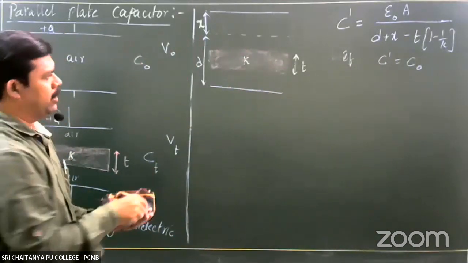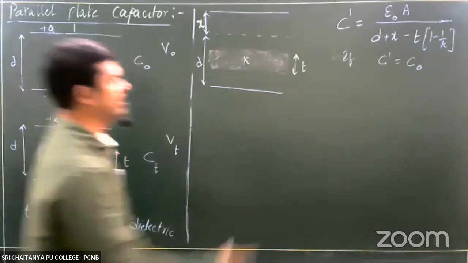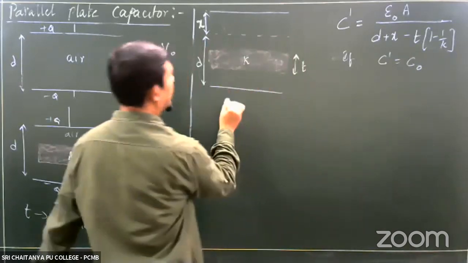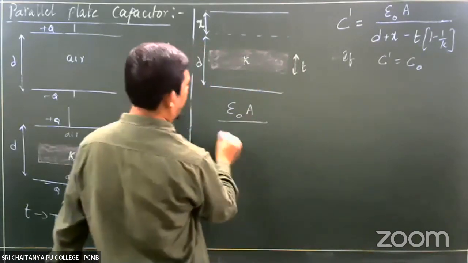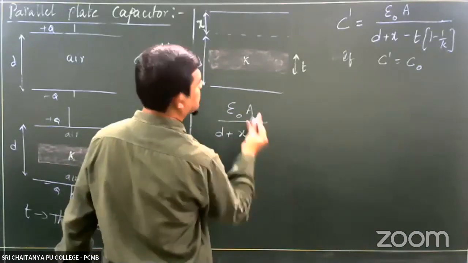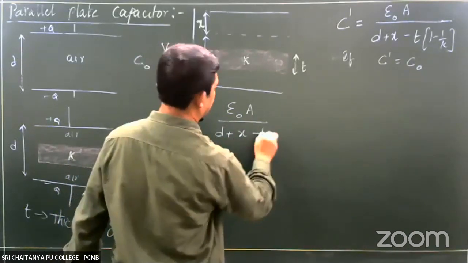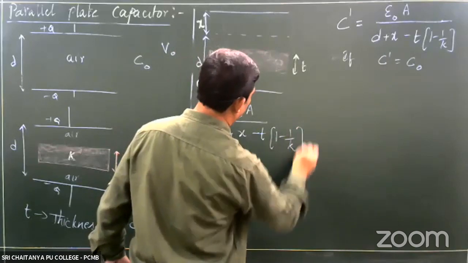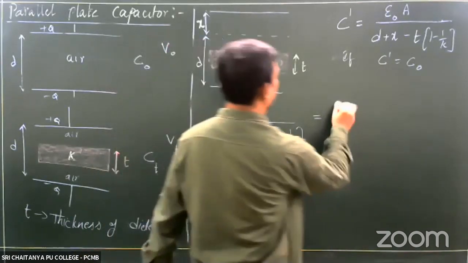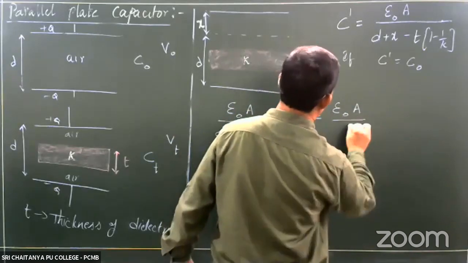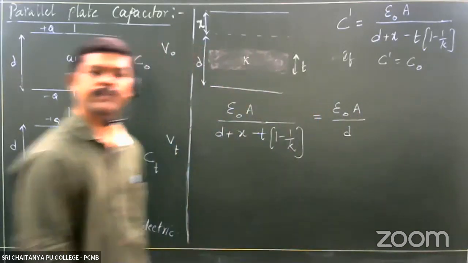Well, C dash is equal to C naught. Make them equal. Epsilon naught A by d plus x minus t into 1 minus 1 by k is equal to C naught, epsilon naught A by d.